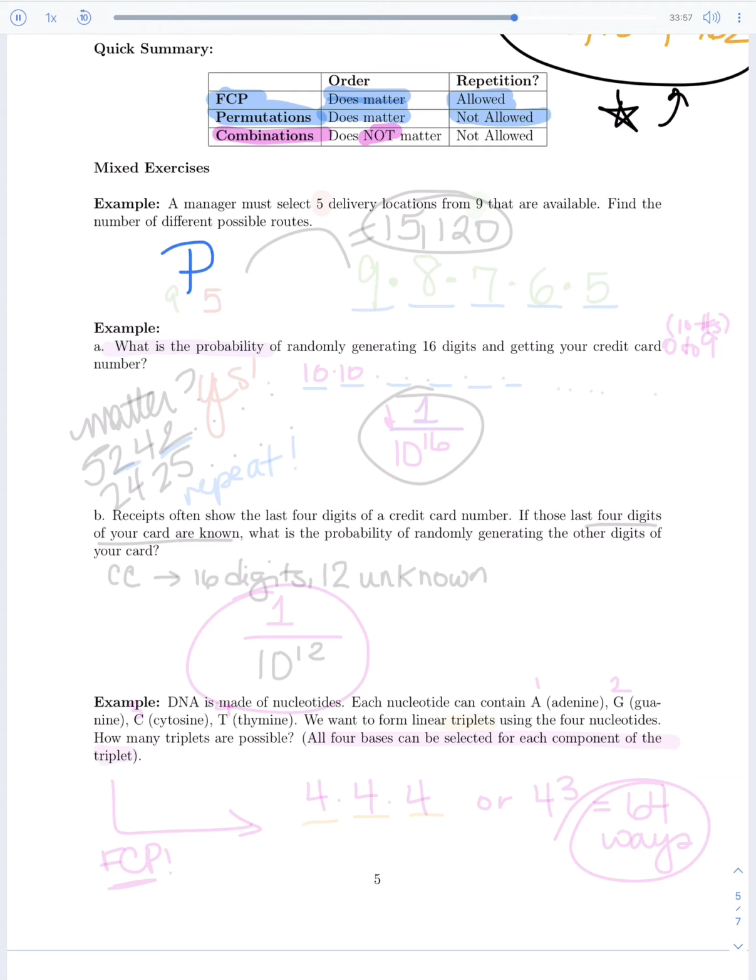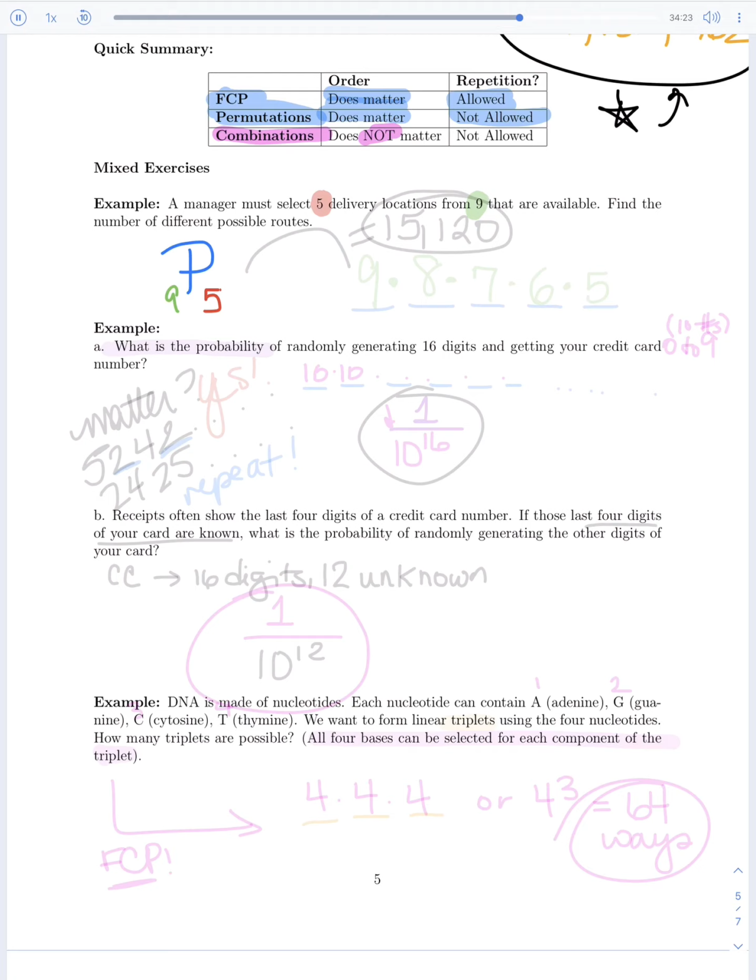How many different places am I going to look at in total for my deliveries? 9. So I'm going to start out with my total of 9 locations. And of those 9 locations, how many am I going to make my route up with? I'm only going to use 5 of the 9. So that will be 9P5.